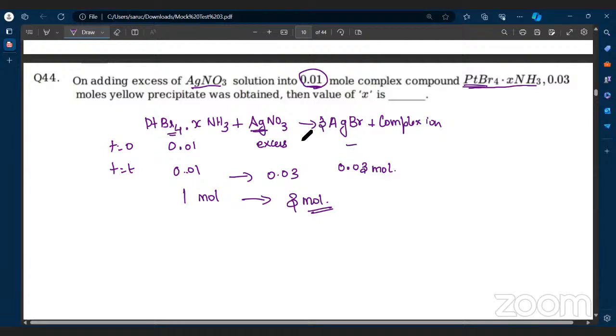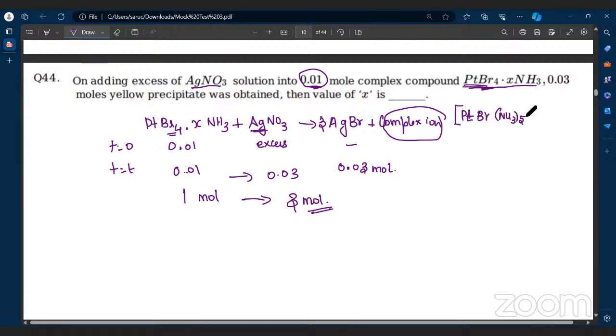So what would be the complex now? This complex ion would be Pt with only 1 Br, since 3 AgBr have been produced, meaning 3 Br have been ionized. PtBr(NH3)5, it is an octahedral complex, right?